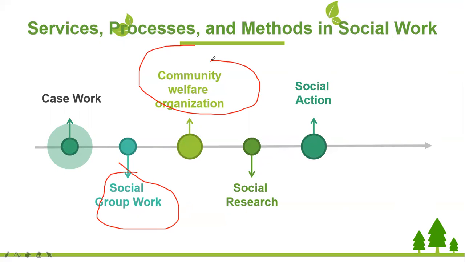Even if any storm or typhoon comes, our community should remain strong. That's why we need to empower the people. So this is the job of our community welfare organization. Those are the social workers who aim for the community welfare organization.